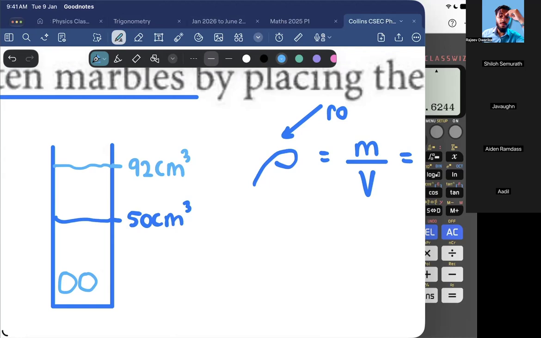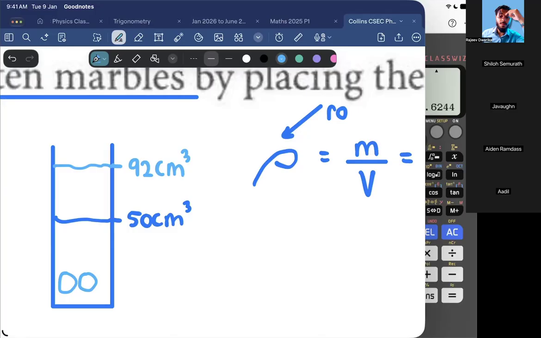What do you think the volume occupied by these steel balls is? They're 42 centimeters cube. Exactly. Because when you introduce the steel balls, the volume rose by 42 centimeters cube, meaning it added 42 centimeters cube of space. It occupied that volume.